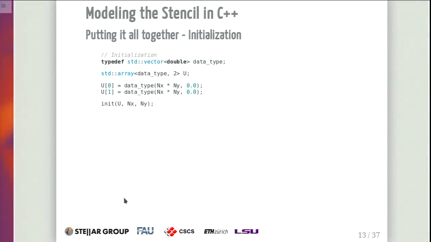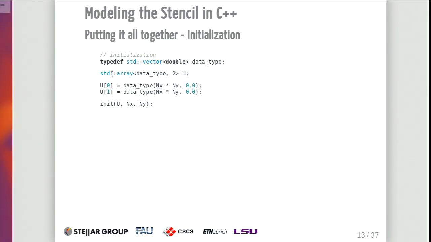So the initialization is, well, we just say which data type we want to use. In that case, the std vector, right? And we want to have two vectors, so we can use the old values to update the new values. So it's essentially the Jacobi iteration scheme that I want to use here. And std array doesn't initialize its members, right?